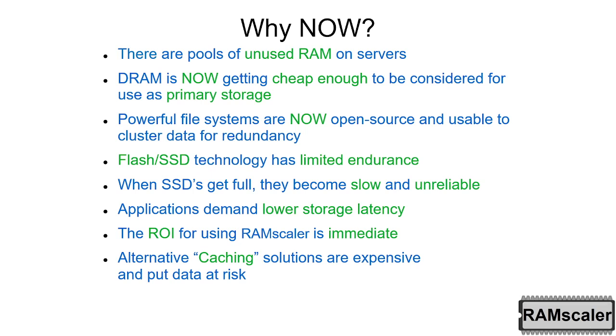And if you think about it, into the future, these servers are going to be delivered with even larger amounts of memory. And there's going to be an even more need to use that memory for something other than just memory for virtual machines.